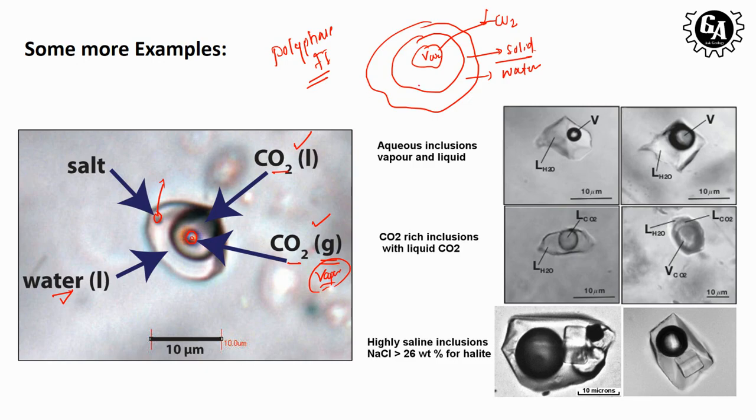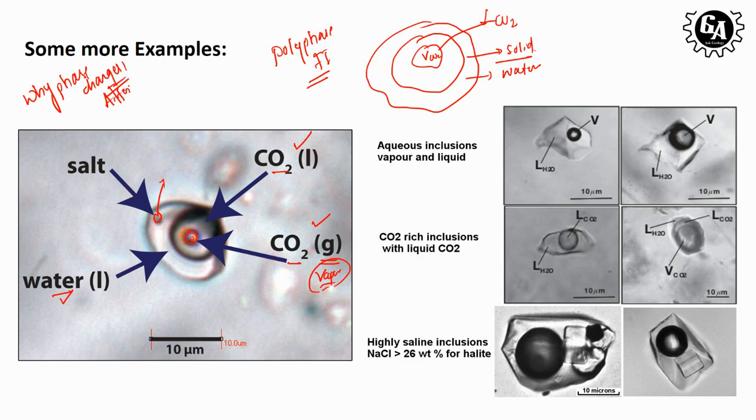This is the sequence. And why do these phases get arranged in such a manner? After trapping, phase changes happen. Why does this phase change happen?